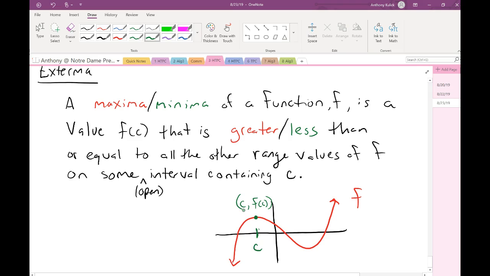We can see that point there is a maximum, because if I consider the interval there that I've shown on the x-axis, it contains the point C, and the y-coordinate for that C, f of C, is the highest y-coordinate inside of that interval, right? Everybody can see that? So that's a maximum. Just to help out with some of the notation there, right? Hi, JJ.